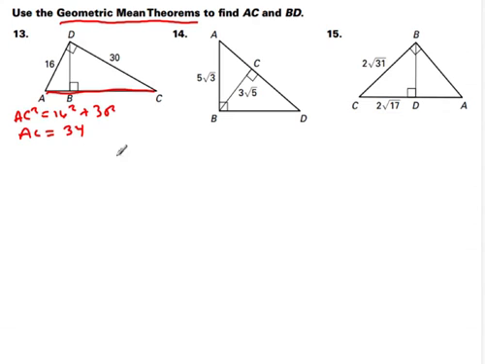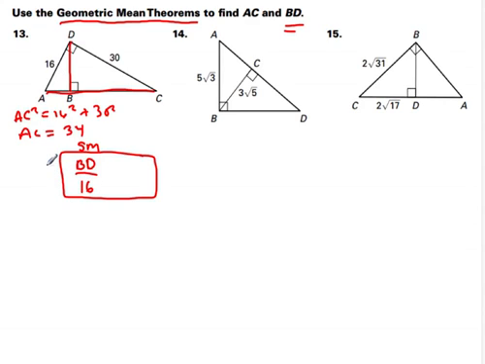I'll then set up a ratio using the box method for the small triangle. If you notice in the small triangle, I'm trying to find BD, so that's going to be really useful because that's one of the things I'm looking for. So I'll say BD over 16, because that's the only other piece that I know in this triangle.